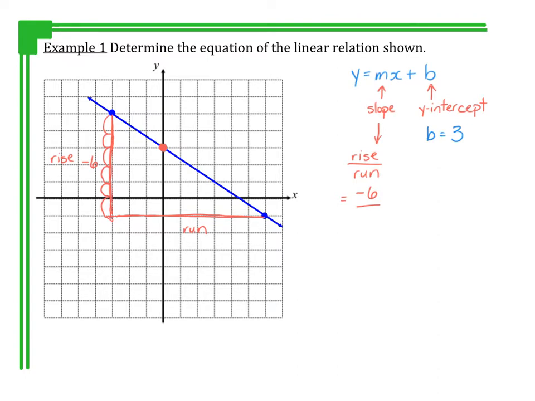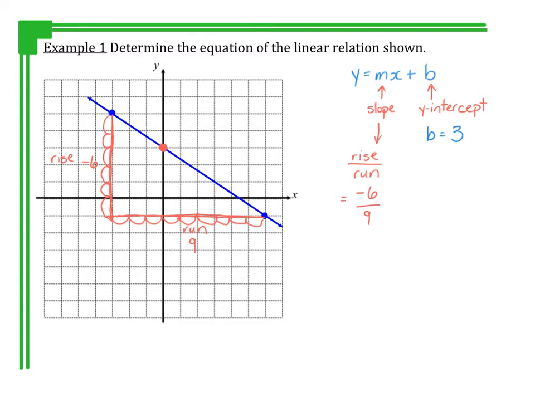I would need to move 1, 2, 3, 4, 5, 6, 7, 8, 9 units to the right. So the run of this line is 9. I put that in for run, and I have a slope of -6 over 9.